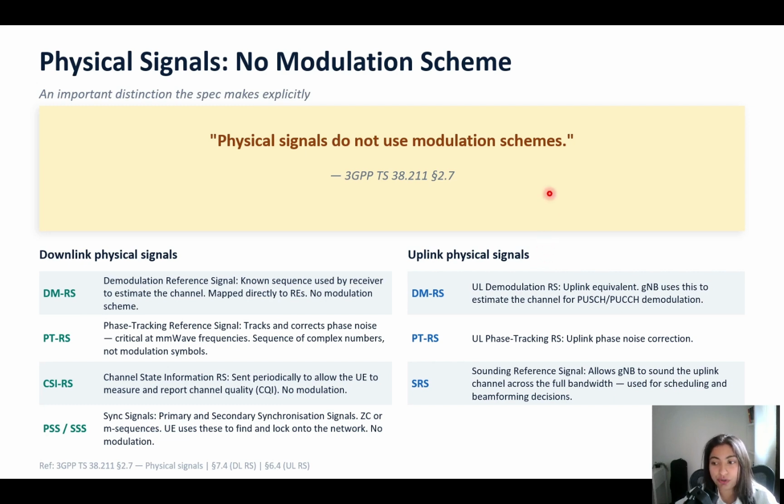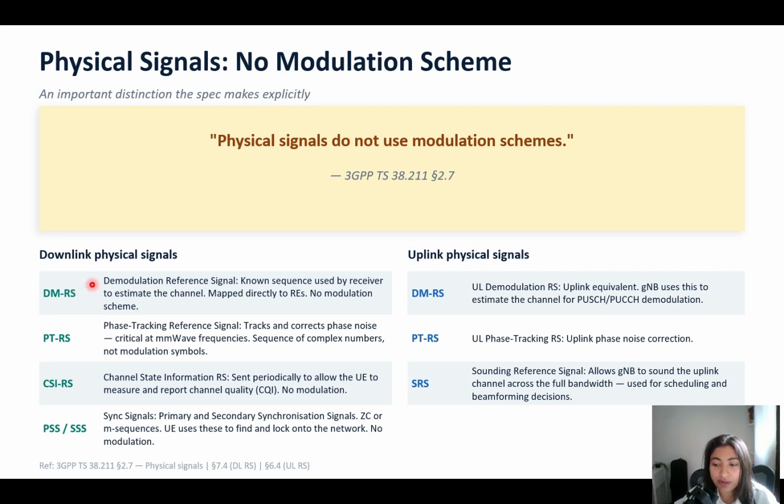Think about what this would mean in practice. If you look at a resource grid, not every resource element carries a modulation symbol from a channel like PDSCH or PDCCH. Some resource elements might carry signal sequences. These sequences are known and can be calculated at both the transmitter and the receiver. That's what makes them useful. Take DMRS for example. DMRS is used for demodulating data channels like PUSCH.